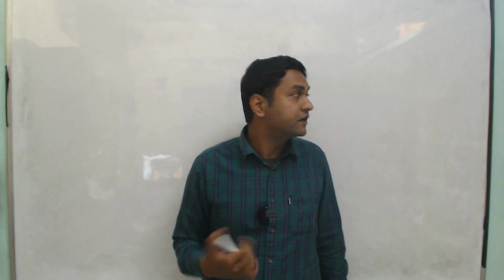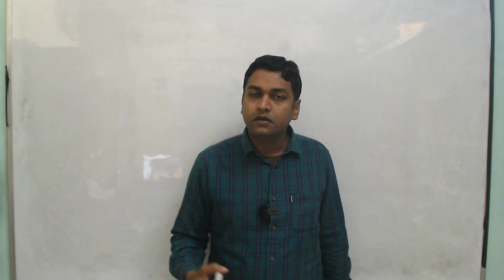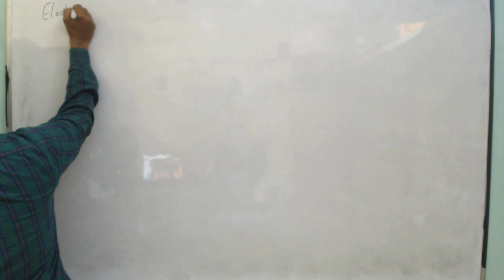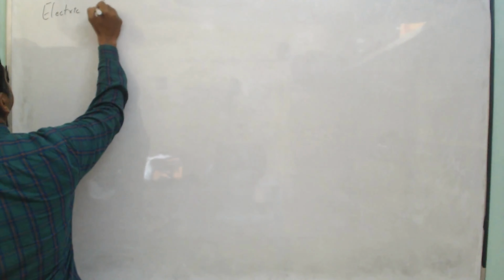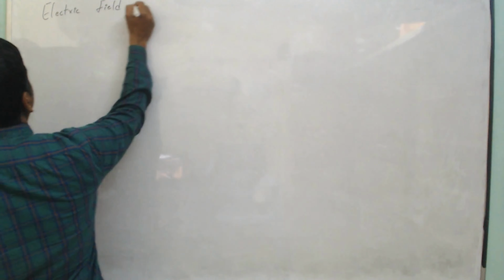Today also we decided that we will solve the linear charge distribution, that is, the electric field due to a thin rod at a point, right? But today we will not take a symmetric geometry.